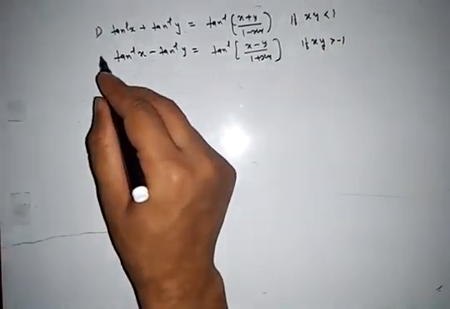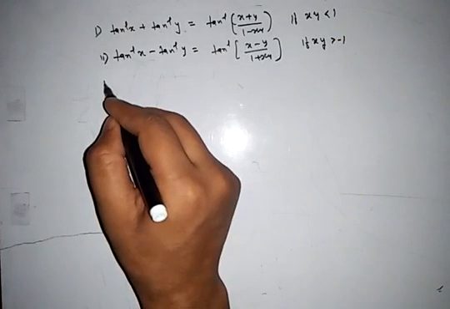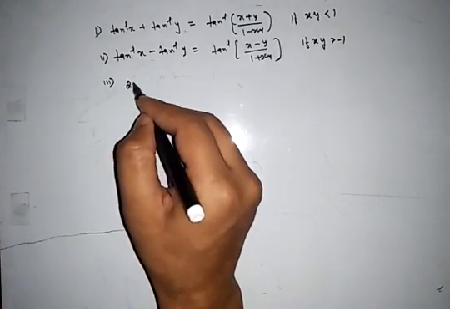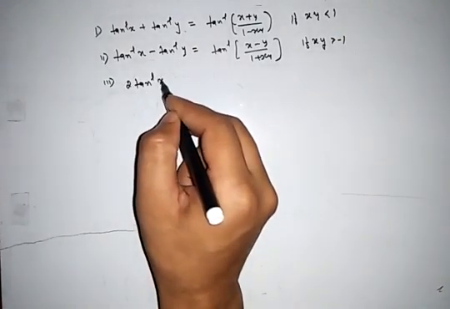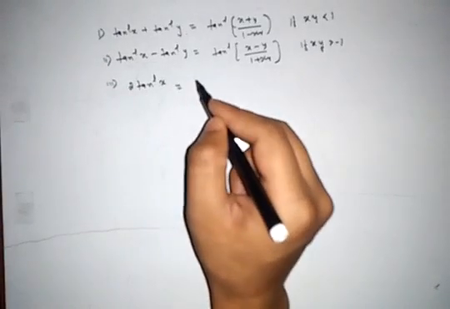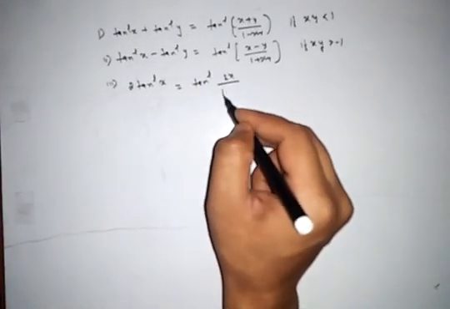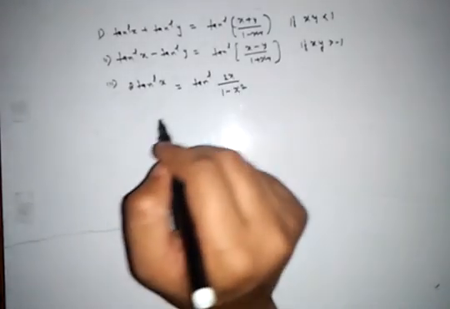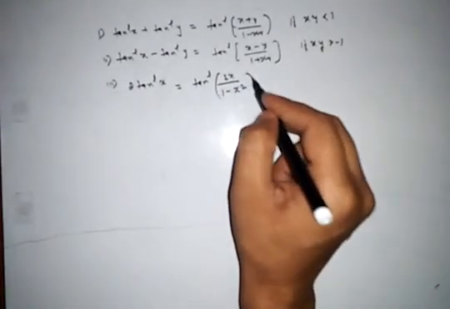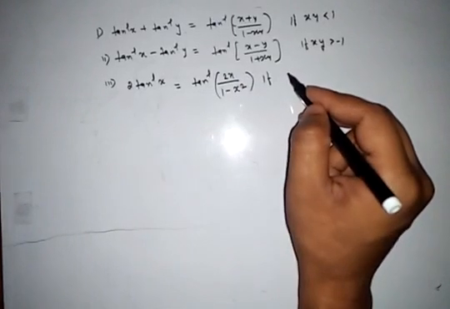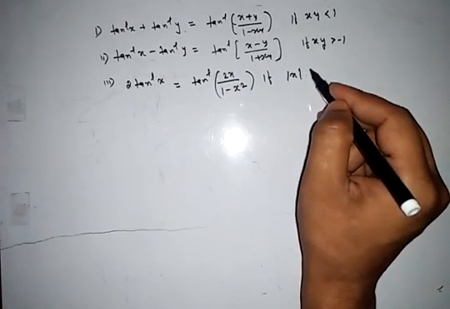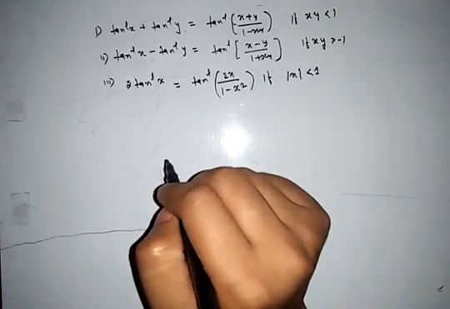Another property is that twice of tan inverse x is nothing but tan inverse of 2x by (1 minus x square), if mod of x is less than 1.